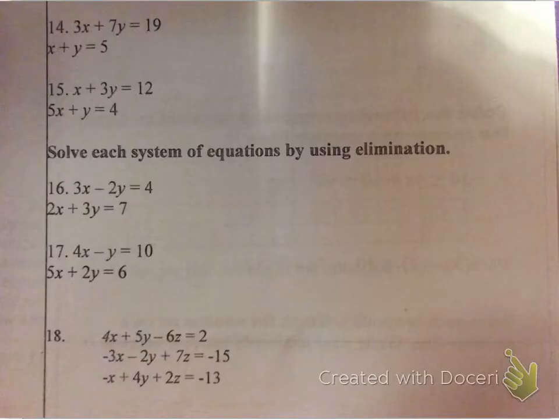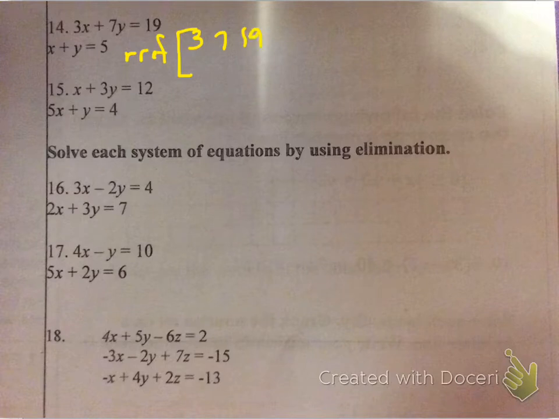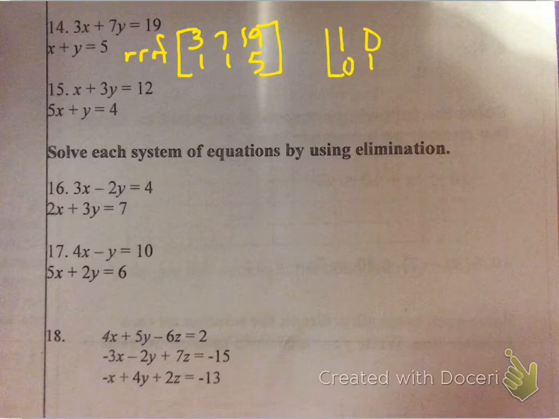Okay, so if you do that with this one, you will get a setup that should be like, say, RREF 3, 7, 19, 1, 1, 5. Press enter, and you end up with 1, 0, 0, 1, and you have a 4 and a 1, which means the answer is 4, 1.